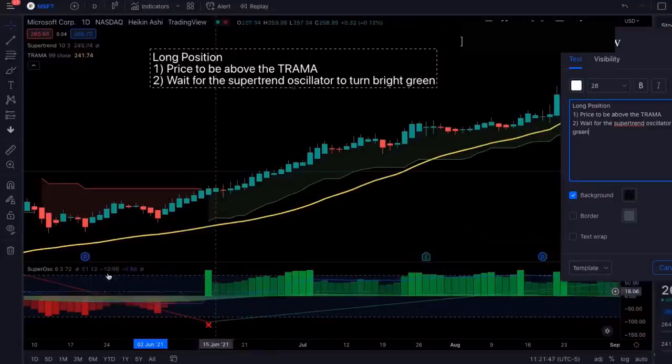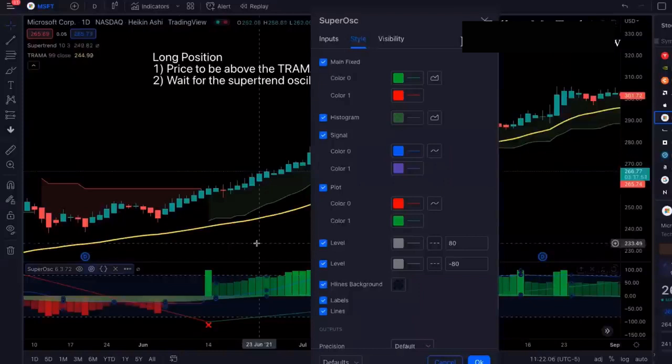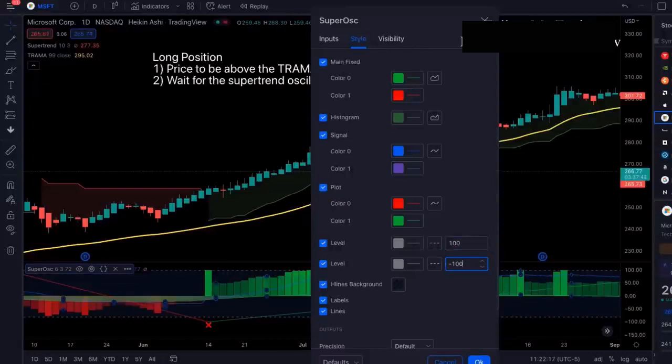Let's change one of these settings in the super trend oscillator so it gives you a better idea of where to get in. The bright candles will show up when this level, where it says 53.62, is going to be 100. So let's change the settings, and in the style for the levels, let's make that 100 and -100.